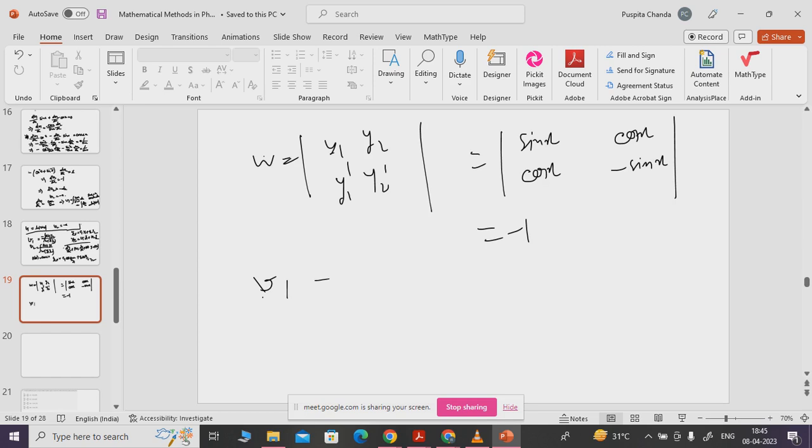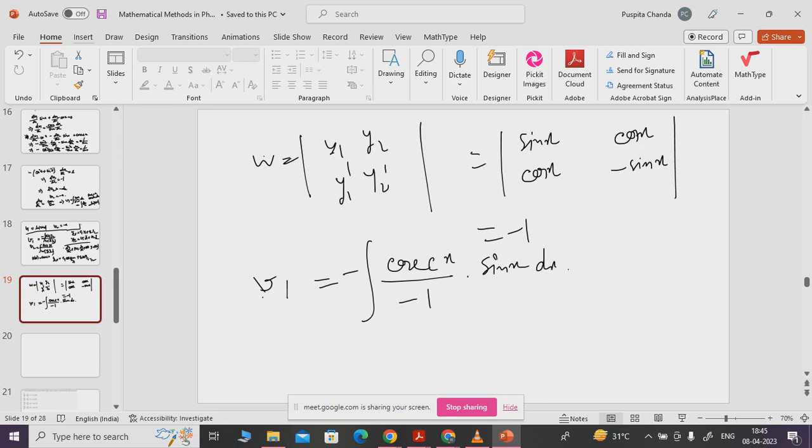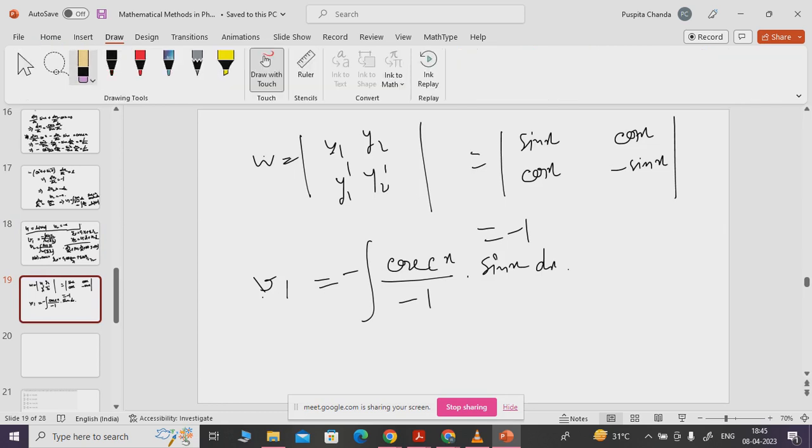So v1 will be minus integral of r is cosec x, here it is minus 1, into y2, which is cos x.